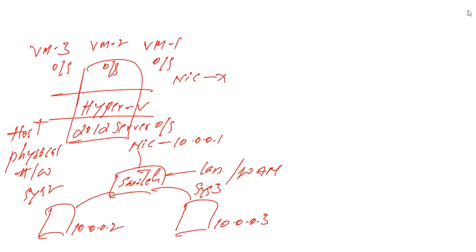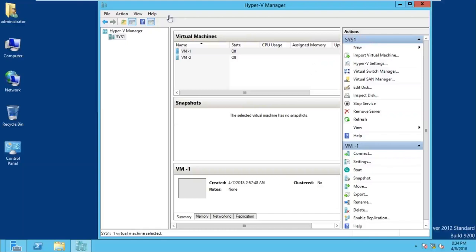So please write down: in system 1 server, log in as an administrator. Then write down, open the Hyper-V Manager service.